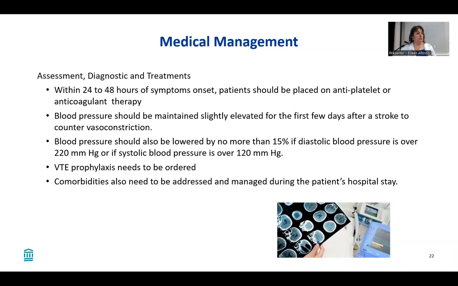The nurse managers were hanging them by the whiteboards on the patients who had strokes because it tells you what to expect for a workup and what things are required. So you want to make sure the patient is on an antiplatelet within 24 hours, or there's a reason why they can't be, or if it's not an antiplatelet, some kind of anticoagulant.